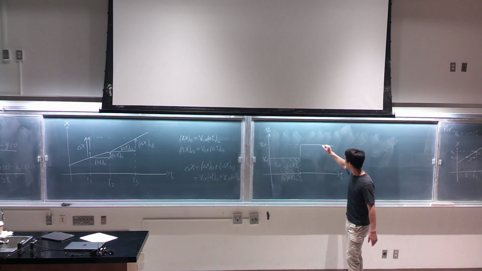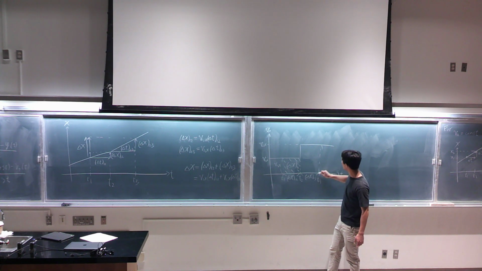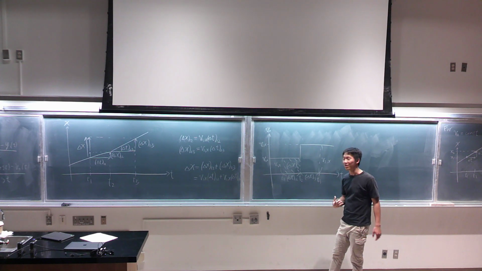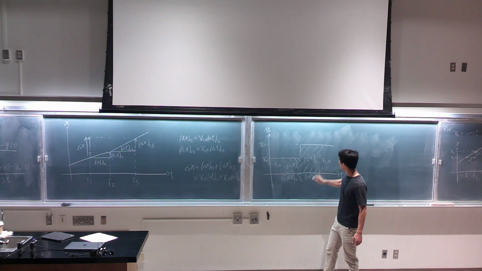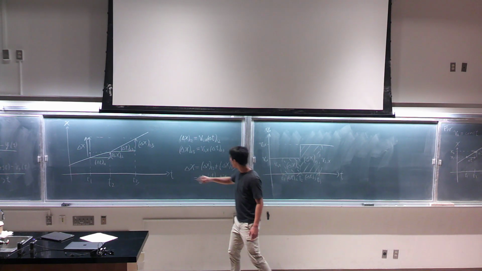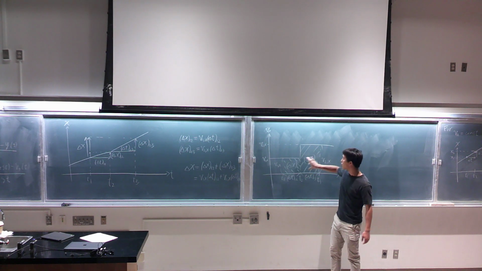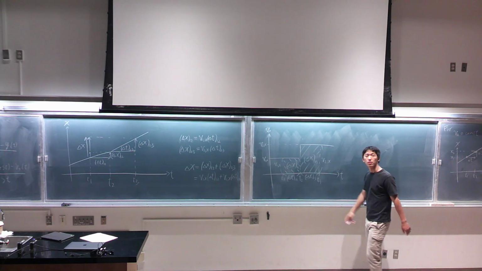Similarly, t3 is at here. This is how much time has passed for the second part. This is how big the x velocity is at the second part. So this will be delta x23. And you see the total displacement will be the sum of these two areas. So it is still the area under this vt curve. Okay?